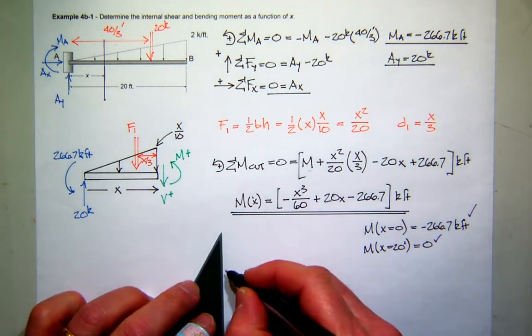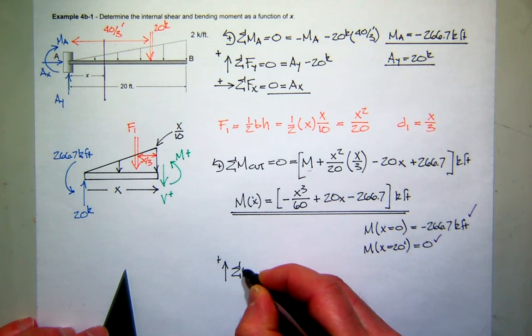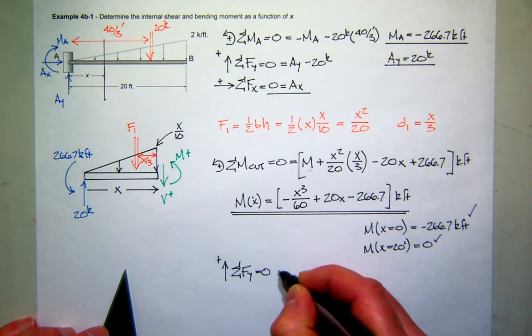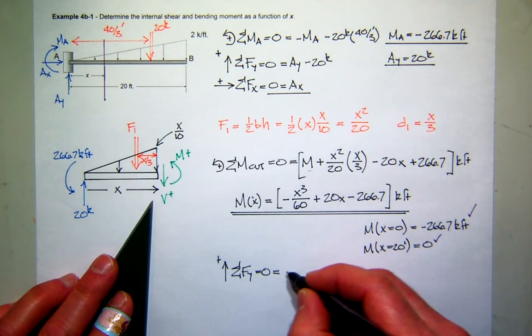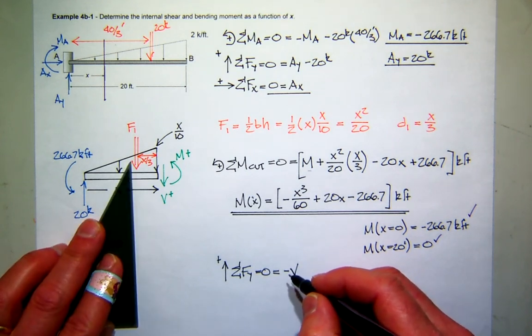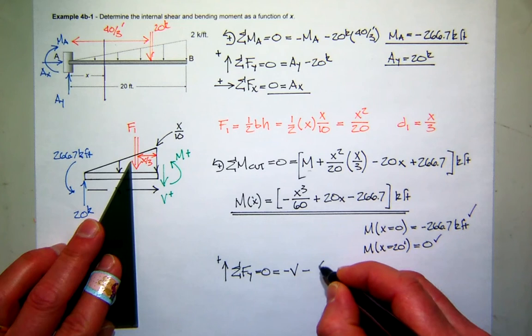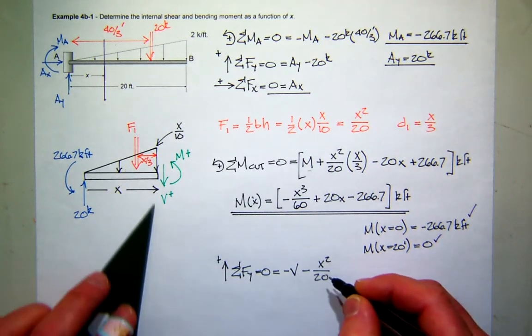Okay, so now let's sum forces in the y direction. Let's see what we get. Okay, I've got my shear force here. It's acting down. I've got my force F1. It's also acting down. F1 was x squared over 20. What else do I have?